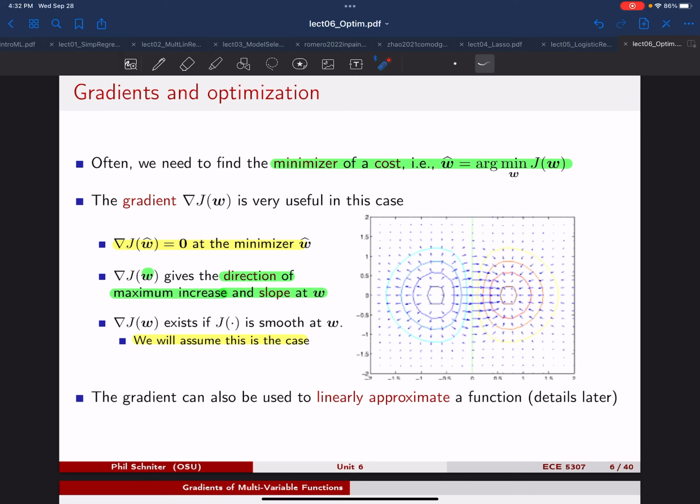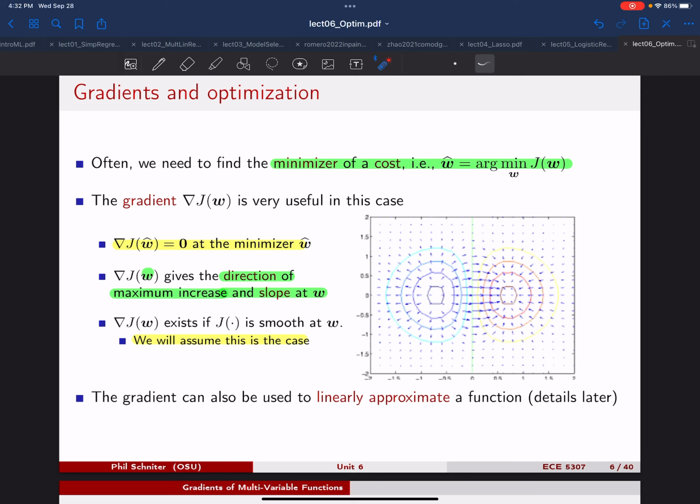There may not be a maximum for that cost, or there might, who knows. Depending on where you are, the gradient tells you which direction is pointing uphill at that point and how steep it is. We'll get into those details in a moment, but that's the short answer to your question. It's telling you the direction of maximum increase in the slope at that point.